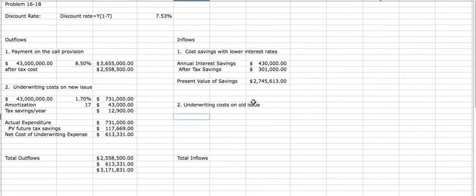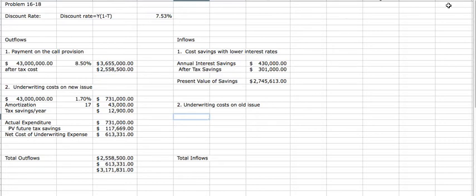Then we have the underwriting costs on the old issue that we're basically going to have to get rid of right away. That's also an inflow. We're told in the problem that the underwriting costs on the old issue are 2.4% of the total bond value.